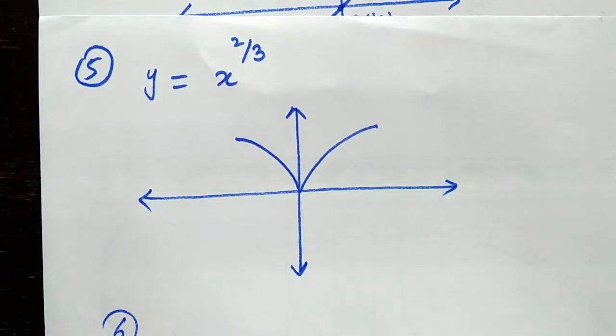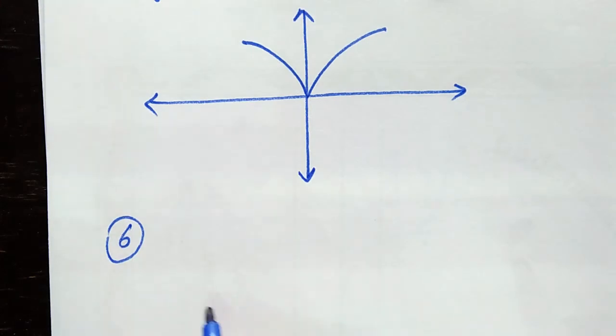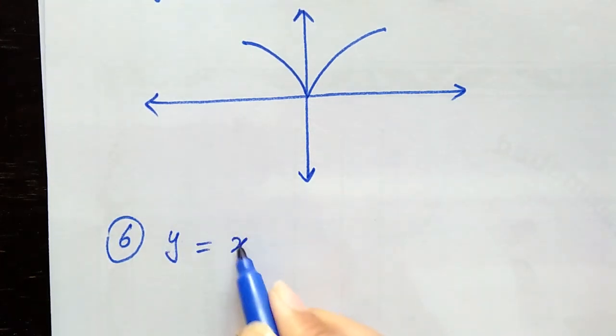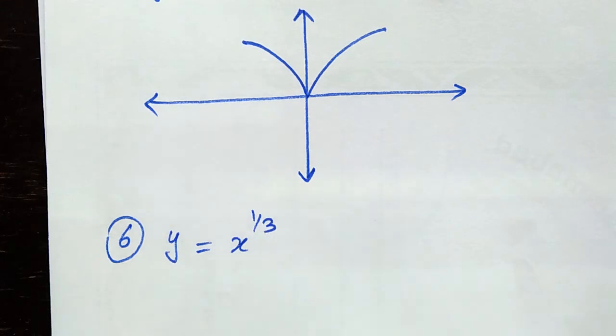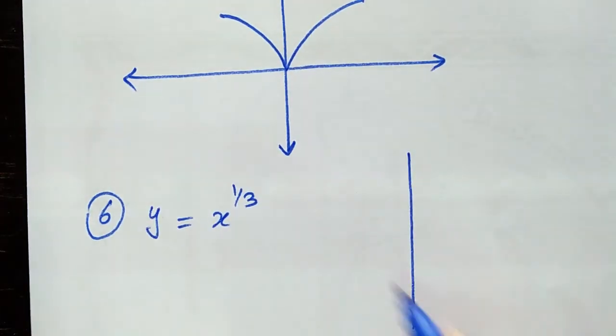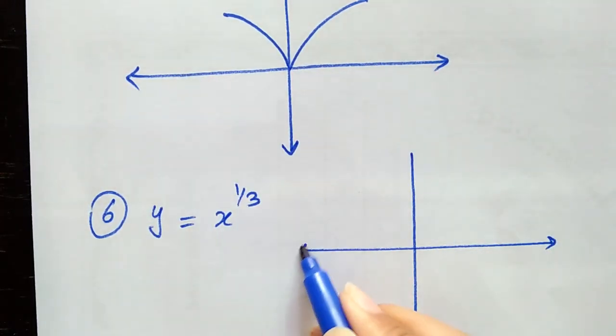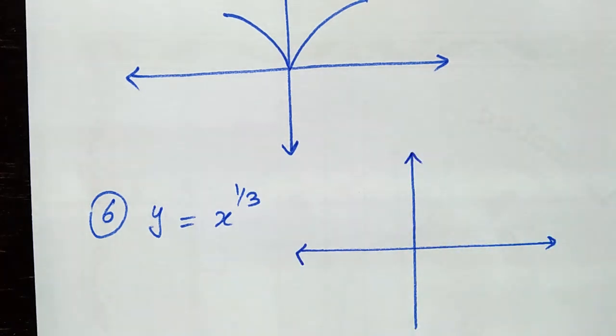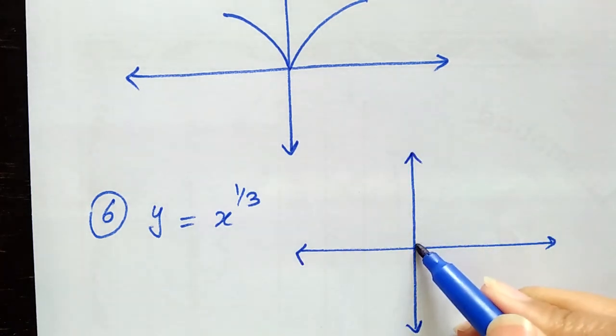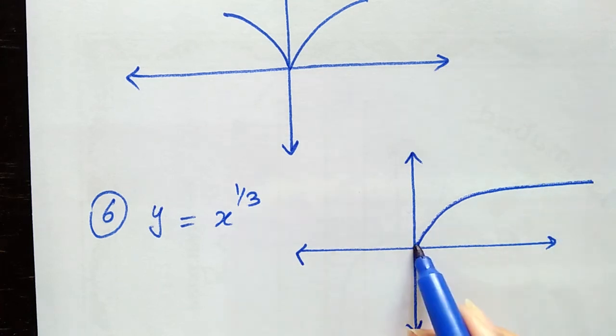Now, example number 6. Y equals x raised to power 1 over 3. Since it is an odd function, its graph will be symmetric about origin.